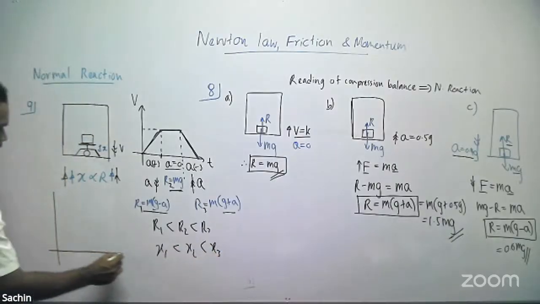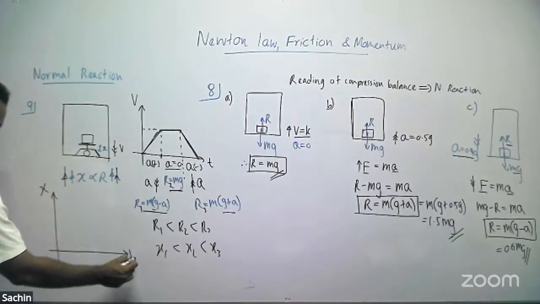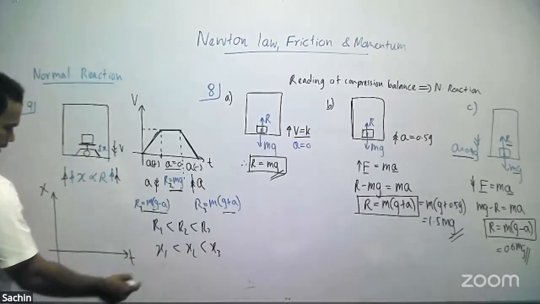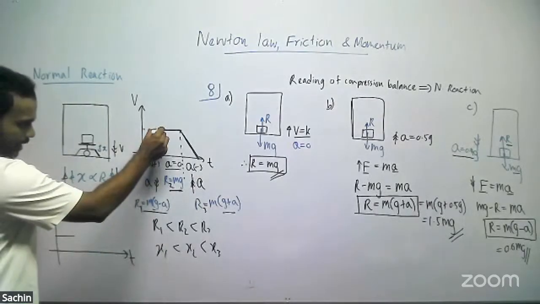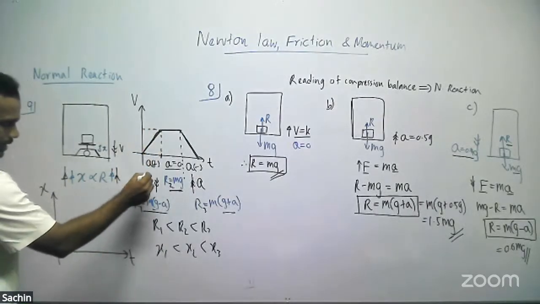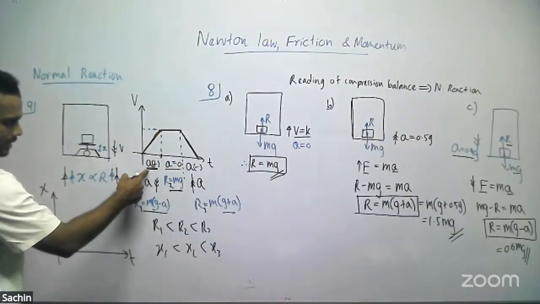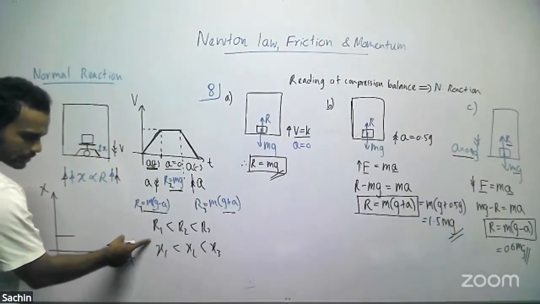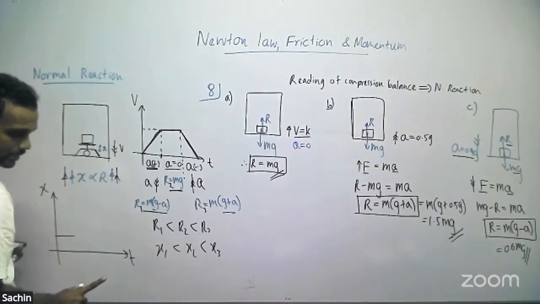So how should it behave if you draw the graph? Initially x should be the lowest like this, and for this period of time the acceleration is positive and constant. Acceleration constant means the reaction is constant, and that means x must also be constant. So within that time period the x value does not change.